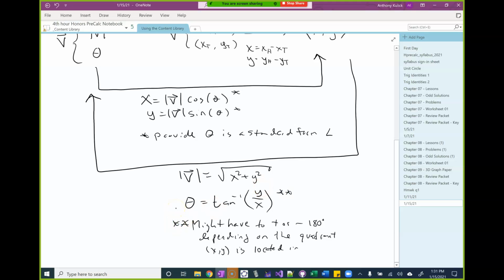So the direction we can find by doing the tan inverse of y over x.